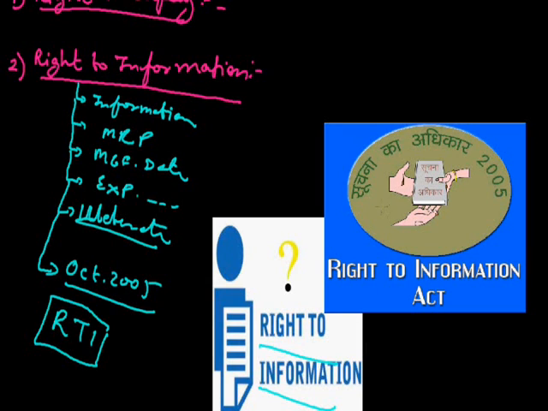As you can see here, सूचना का अधिकार सबको, Right to Information Act 2005, under which whatever information a consumer wants, he can easily get that information, except those things which are in the interest of the nation's security.